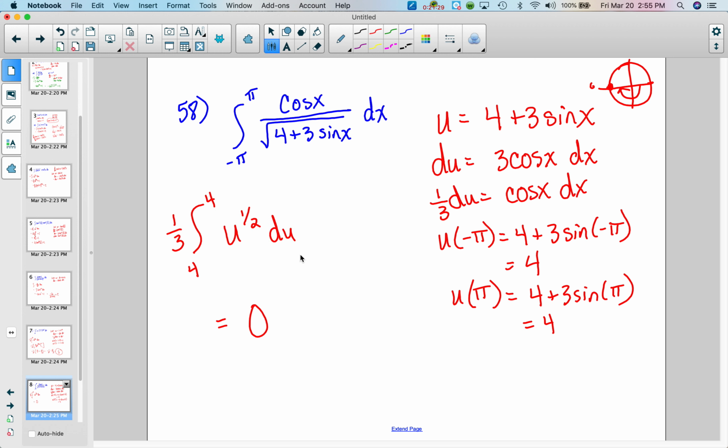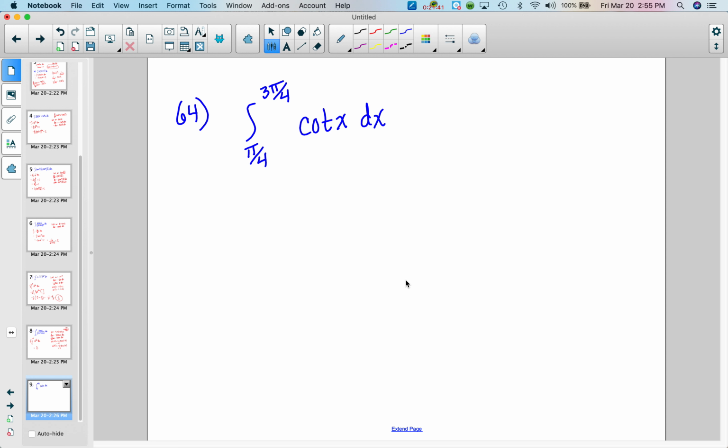So this would be my integral, and then I would do the antiderivative, but hopefully you don't go through all that extra work. You'd still get 0 if you did it, but just notice that because that is a good thing.